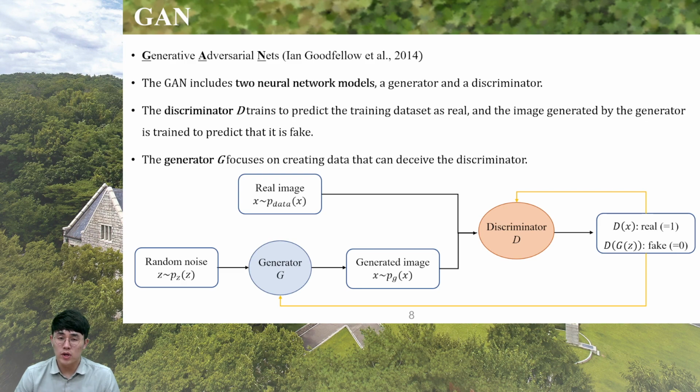At this point, the generator's goal is to generate a plausible image that can be mistaken for actual input data by the discriminator. Through competition, these adversaries try to outdo each other, and as a result, they both train to improve performance.